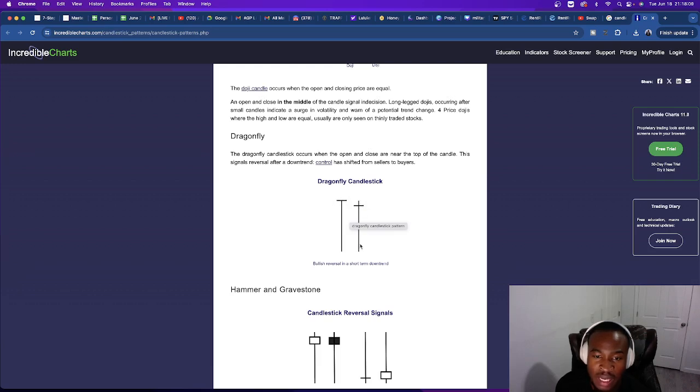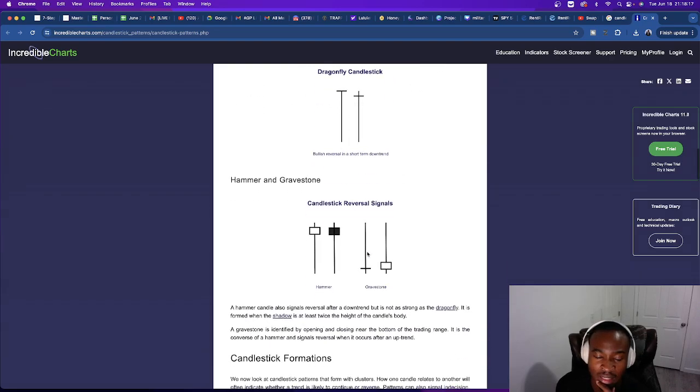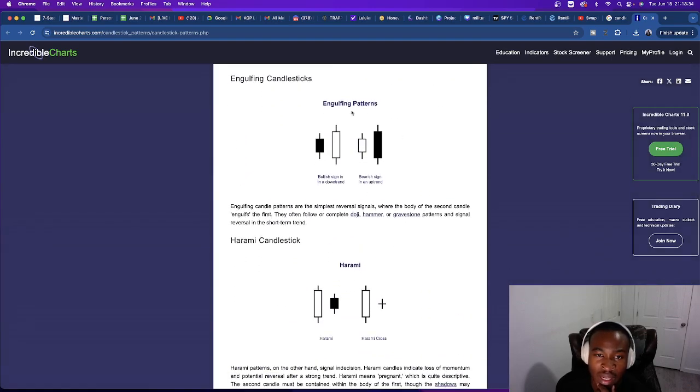This one is just near the top, and it kind of looks like a dragonfly, right? So that's what a dragonfly doji is. And all of these are, it says, candlestick reversal signals. So all of these basically give you different context clues as to where price is going to move and how price is going to move, right?